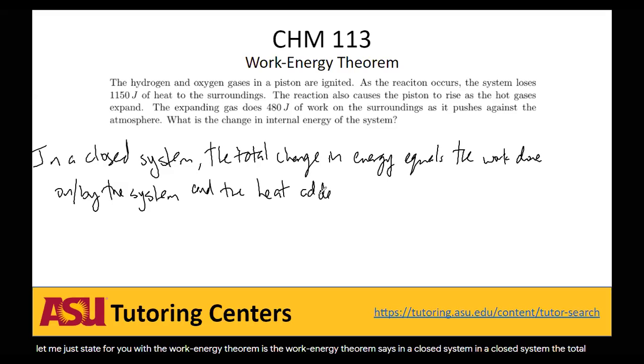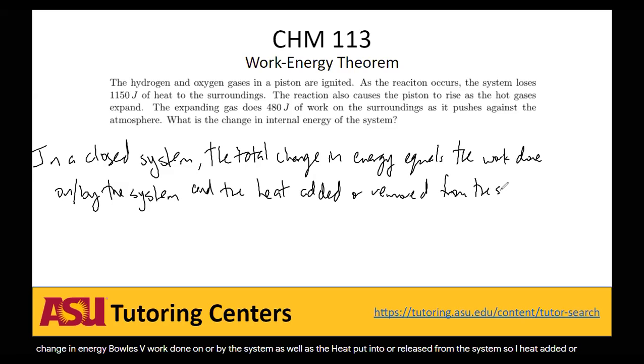So heat added or removed from the system. So total energy change is both the work done on the system as well as the heat that is added or removed to the system.